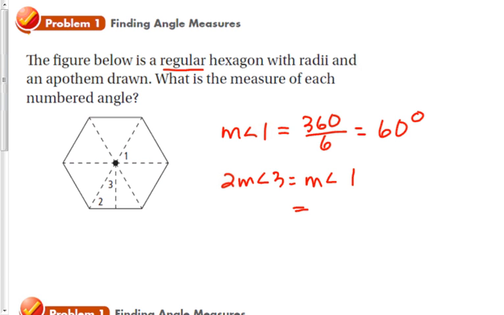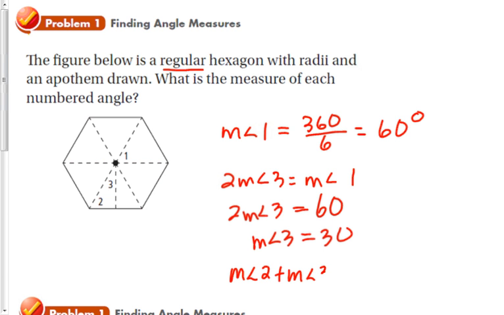And the measure of angle 1, we just found out is 60. So we can just divide both sides by 2, and we get the measure of angle 3 is equal to 30. And then the measure of angle 2 plus the measure of angle 3 plus 90 has to equal 180. And that's this triangle right here, the triangle angle sum theorem.